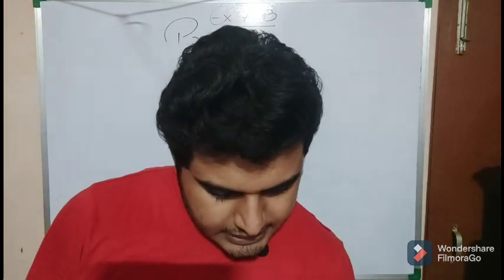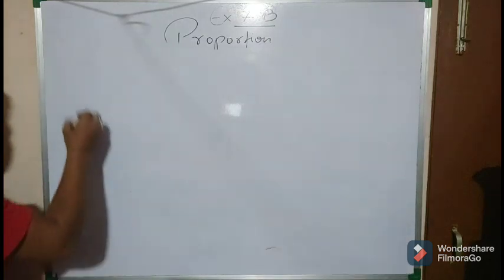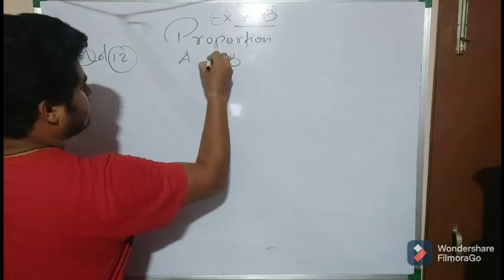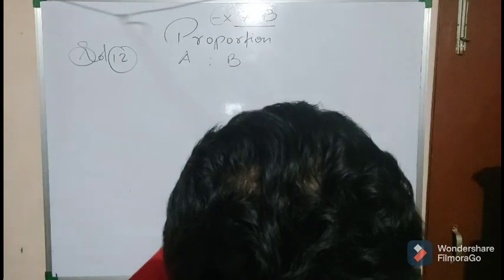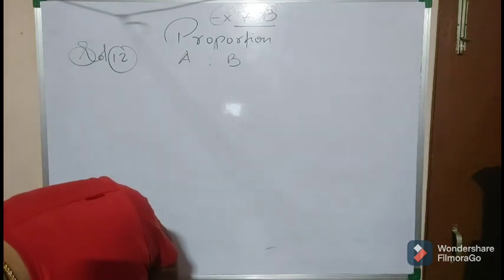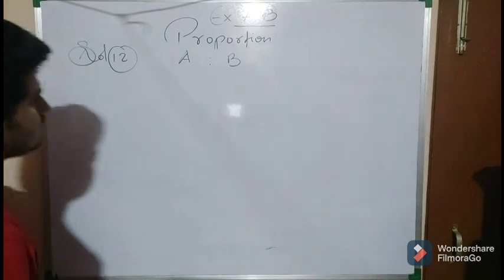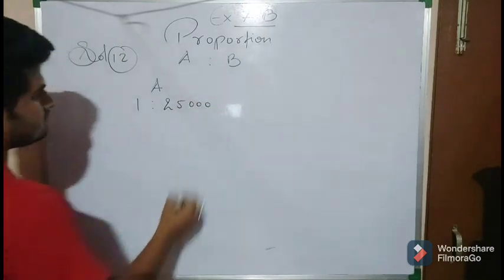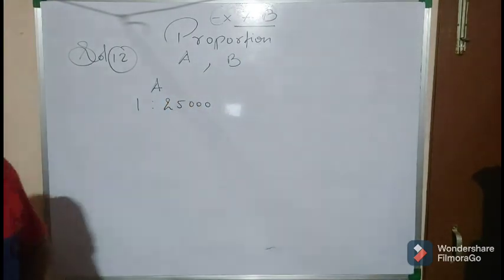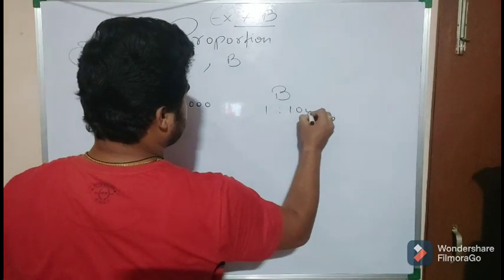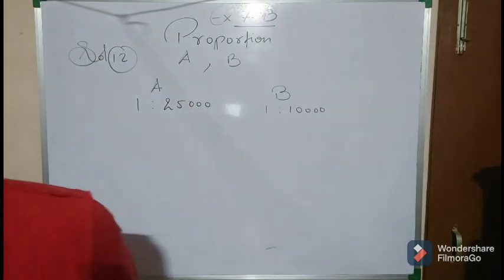Let's see the last question, question number 12. Jaya has two maps, map A and map B. The scale of map A is 1:25,000 and map B has a scale of 1:10,000.